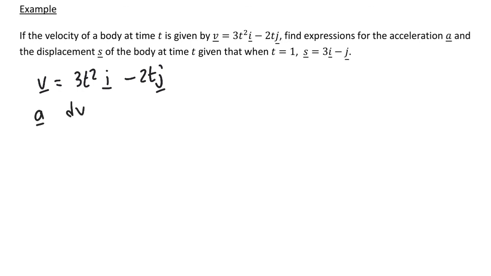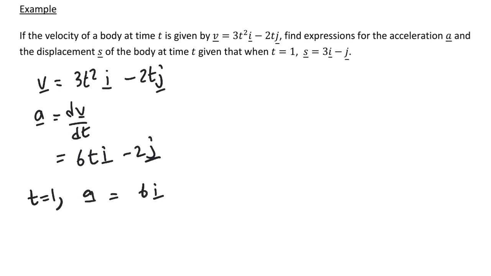Acceleration is the rate of change of velocity. So we need to differentiate that, and we get 6ti minus 2j. When t equals 1, the acceleration is going to be 6i minus 2j meters per squared second.